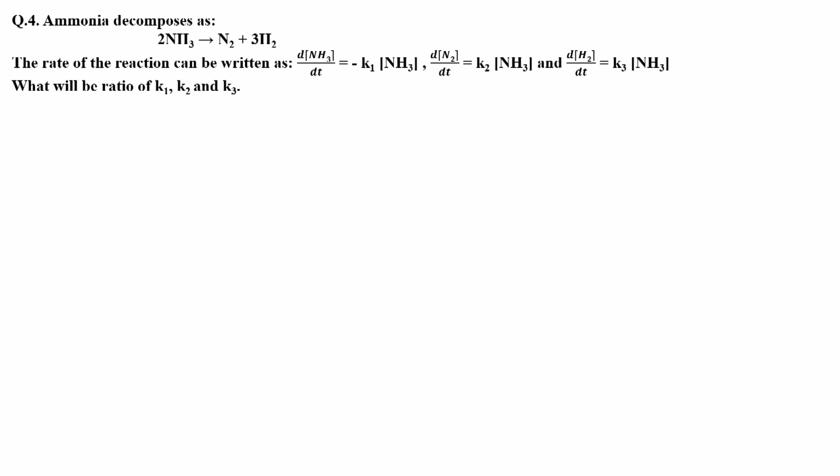Okay. So the rate of the reaction, we write the rate of the reaction is minus half d concentration of NH3 by dt.